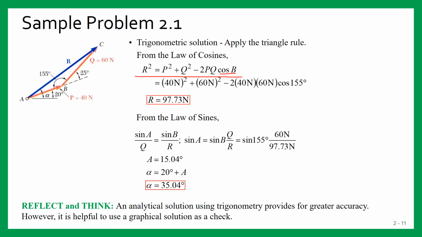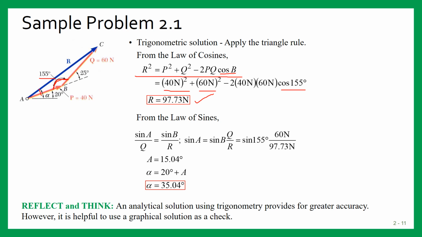P is 40 Newton, Q is 60 Newton, and the angle between both the forces will be 155 degrees. If you solve this equation, you will find the answer as 97.73. So it is very near to 98.